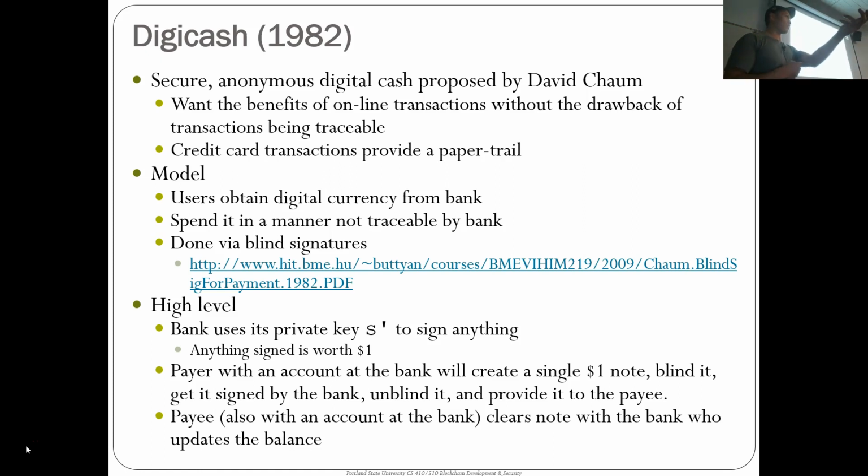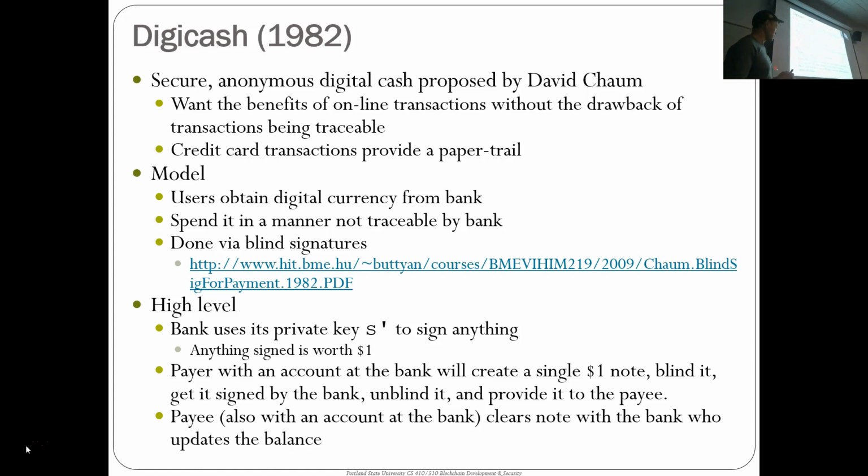Did you sign this $1? And the bank is going to say, oh, yeah, that's my signature, that's valid. I am going to take the $1 that the payer withdrew, and I'm going to credit it to the payee, in a way that I can't trace that note. Okay? So then the bank will update the balance.